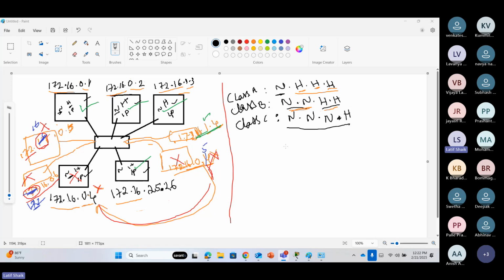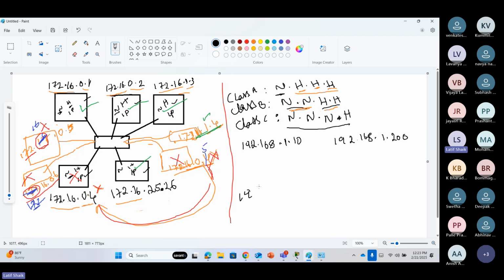In a class C, only one host portion differs. I'll try with some different IP addresses. One system I assign, for example, 192.168.1.10. Another system 192.168.1.200.